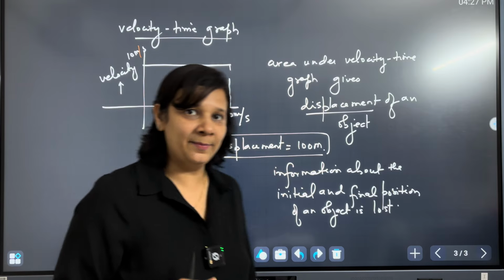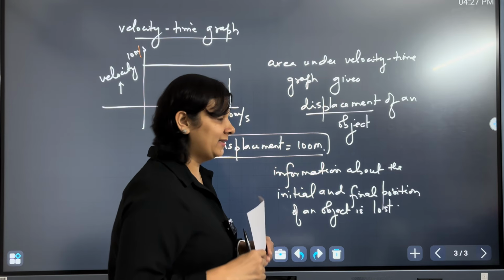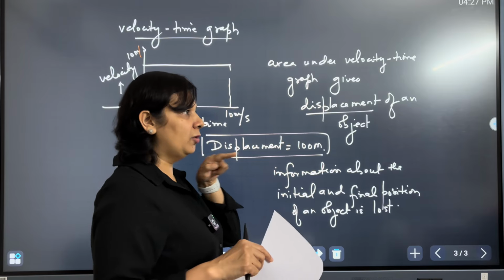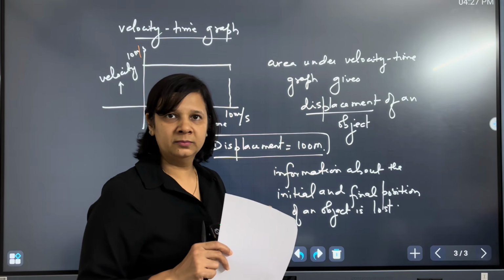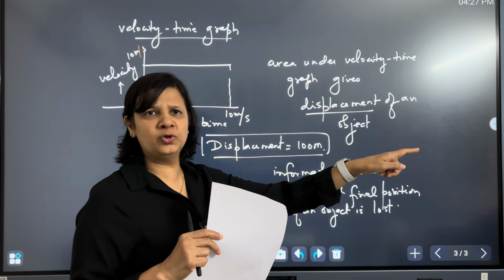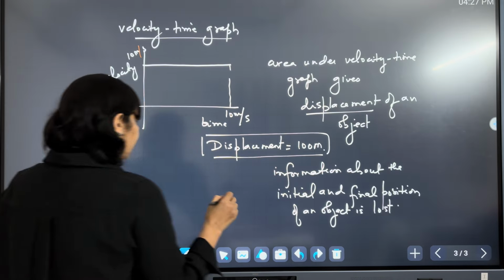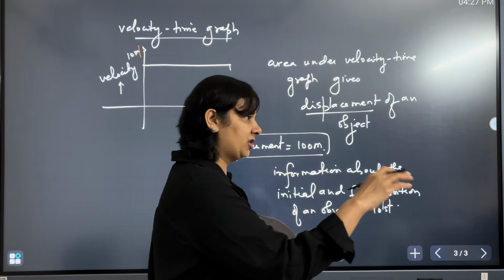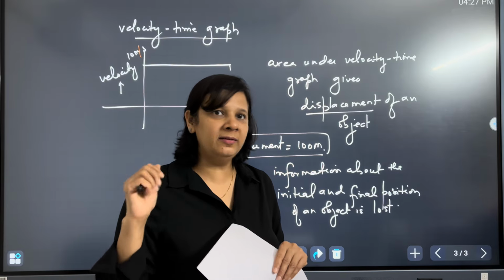But now, for example, if I started from here and here the velocity is positive, it means the object is moving towards the positive x direction. For example, if I have chosen this direction to be positive, the object is moving with 10 meters per second in the positive direction, and then the object takes a turn.